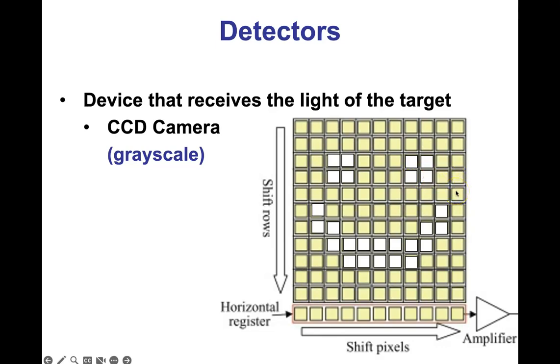So when the computer reads off those electrons, it basically creates a spreadsheet of rows and columns of numbers. How many electrons did it count in each pixel of the sensor?